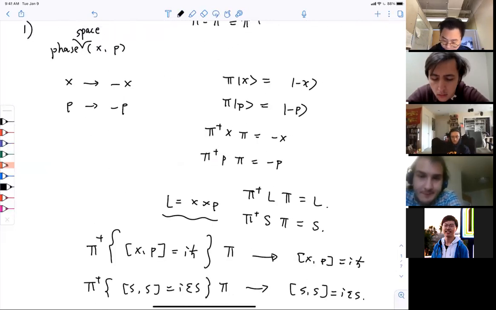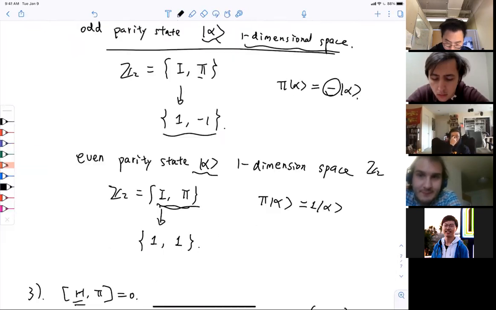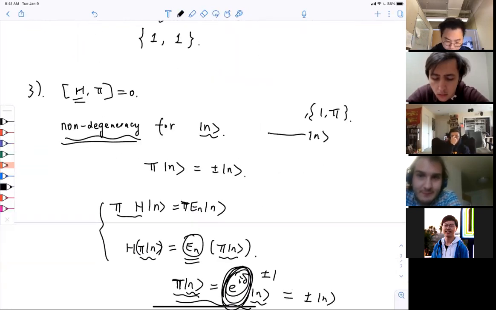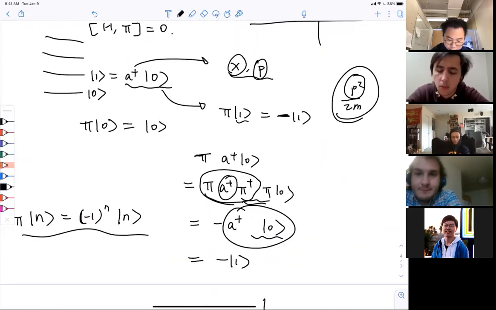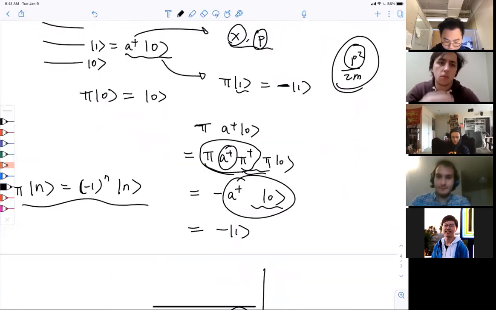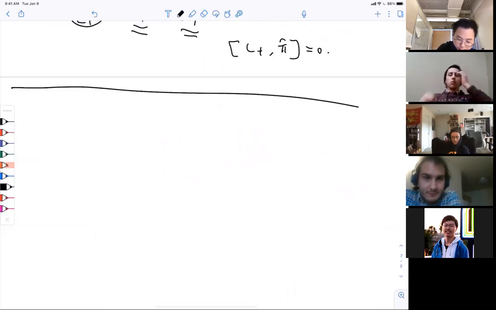So these are some basic properties, and also some consequences and very familiar examples.